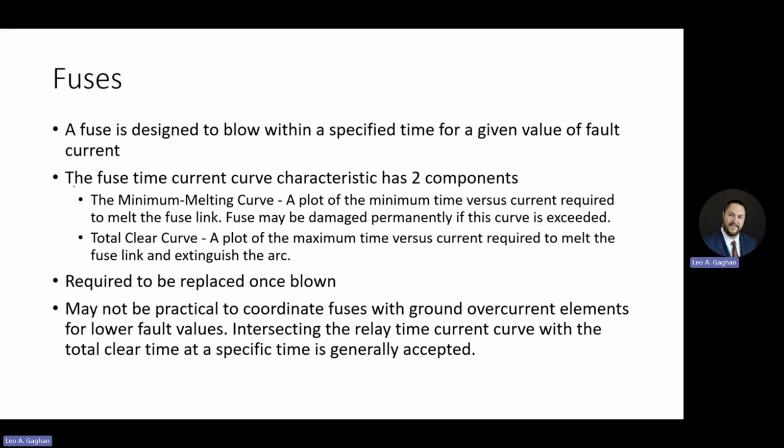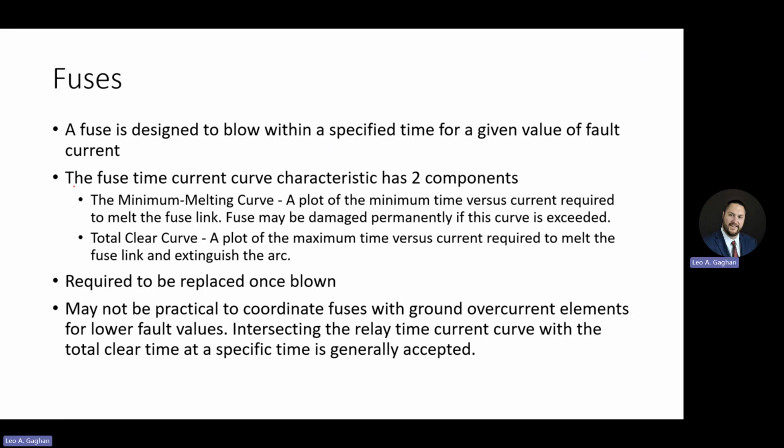Fuses. Fuses are designed to blow within a specified time for a given fault value. A fuse has in its timing characteristics two components: a minimum melt curve, a plot of the minimum time versus current required to melt the fuse.